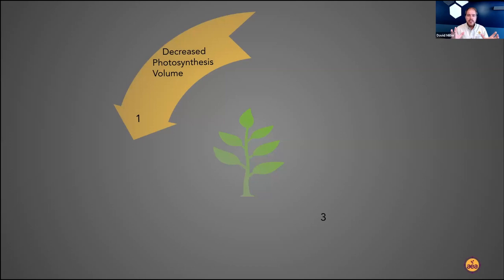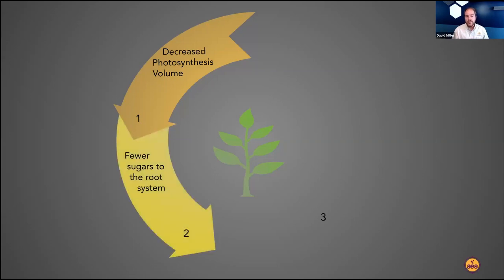So this is to put into a bit of a visual what happens when photosynthesis decreases, whether that's because we have a carbon deficiency, whether that's because we have a nutrient deficiency, or whether that's because we have a water deficiency. If the photosynthesis goes down, that means there's going to be fewer sugars to the root system, which means there's going to be a sluggish or a less reactive microbial system.